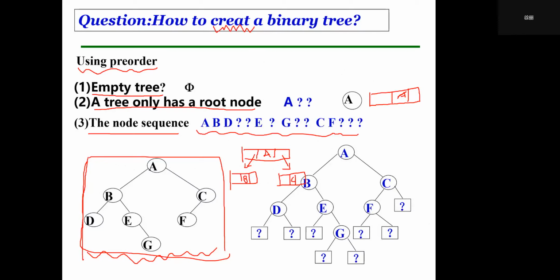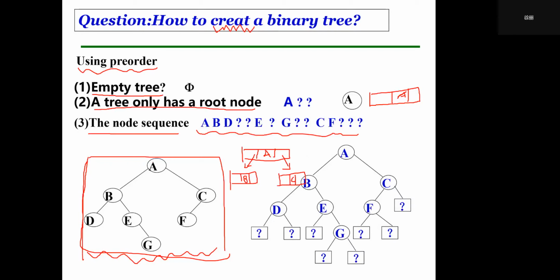We use the question mark to represent that the left child or the right child of this node is none. Okay. So you can say this node sequence is the pre-order sequence of this binary tree, right?